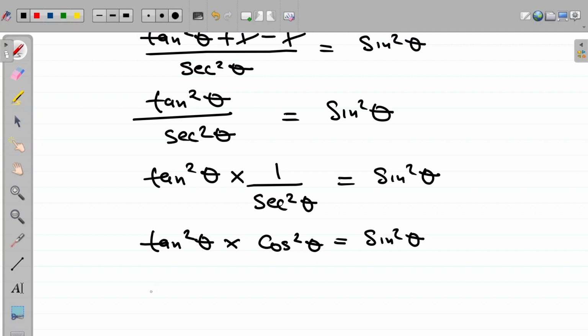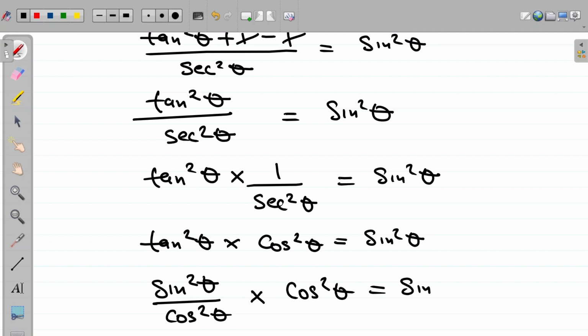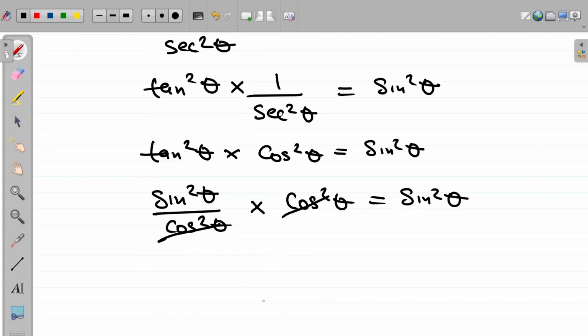Our left-hand side can further be expressed as sine square theta divided by cos square theta multiplied by cos square theta equal to sine square theta. Now, from here, cos can cancel out cos. Our equation shows that sine square theta is equal to sine square theta.